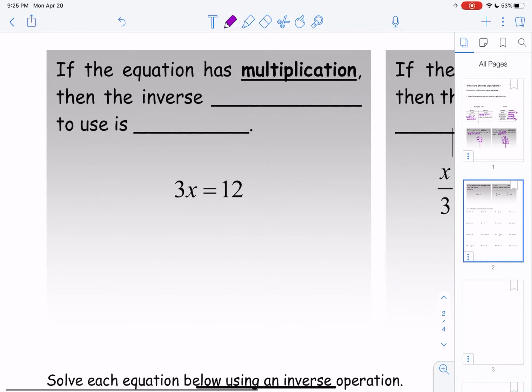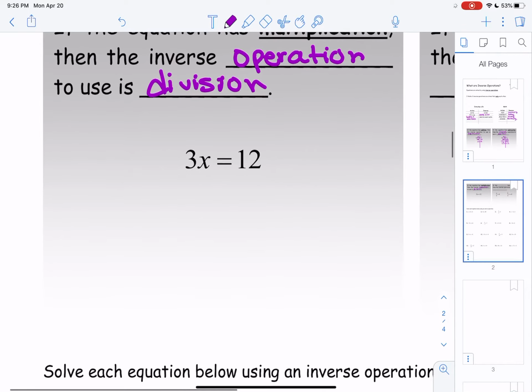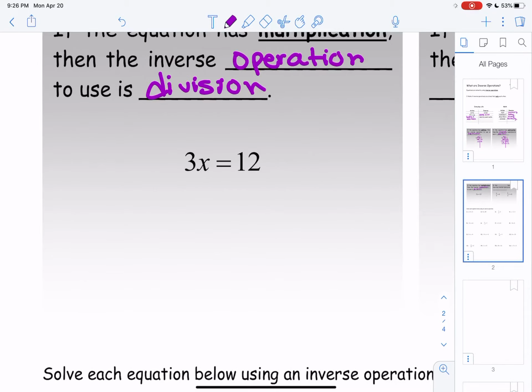Next one. If the equation has multiplication, then the inverse operation to use is division. Here, remember, when there's a number and a variable together, in that video, what did it say? That the operation is multiplication. So now I have to use division.